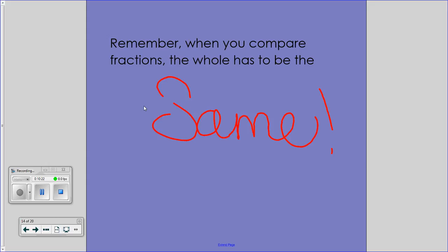You cannot compare mini bar model to giant bar model. It's not going to work. Use that knowledge when we go into number lines. Am I going to draw one short number line and one long number line? No. My whole has to be the same.